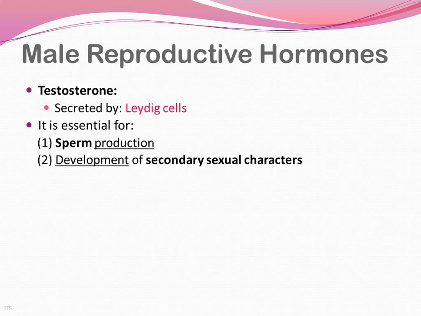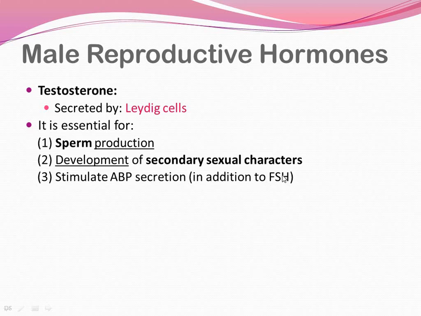Erythropoiesis is also stimulated more in the presence of testosterone, and that's why the values of RBCs and hemoglobin in males are higher as compared to females. Also not to forget development of hair in the chest region and pubic region, which you can also consider a secondary sexual characteristic.